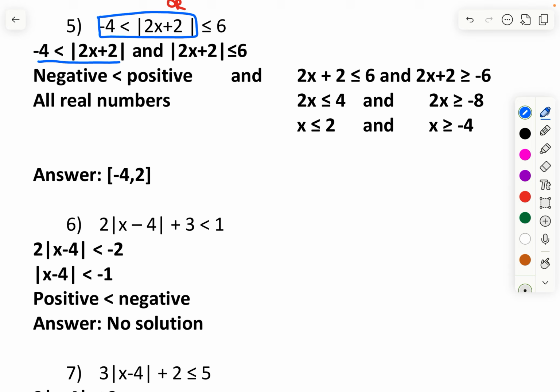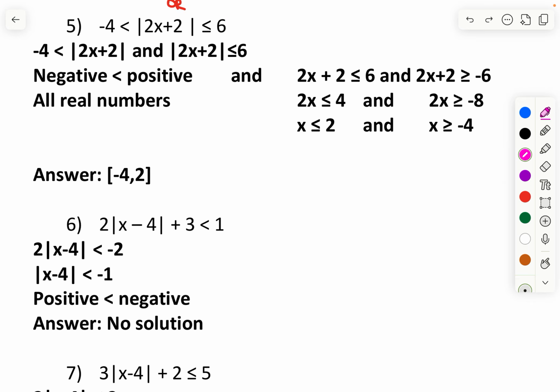That's where that came from. And then we get the second inequality right here: the absolute value of 2x plus 2 is less than or equal to 6. So I'm going to look at each of these as 2 separate problems, and then I'm going to combine the answers together at the end.